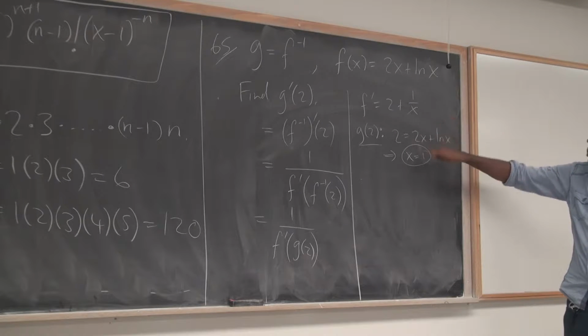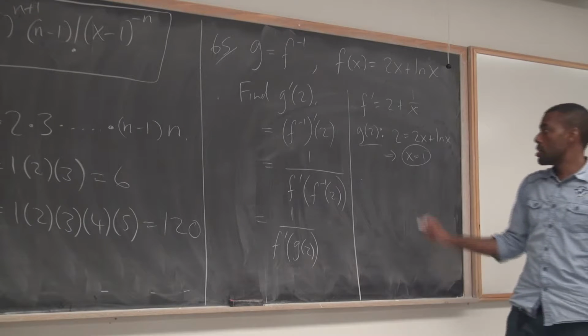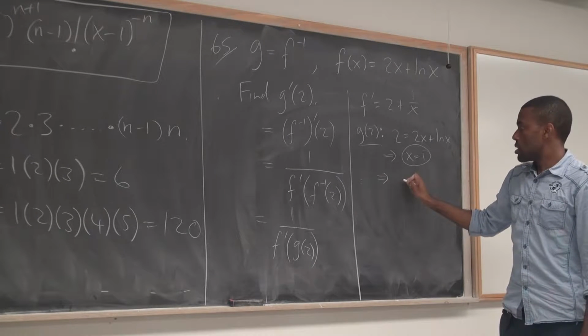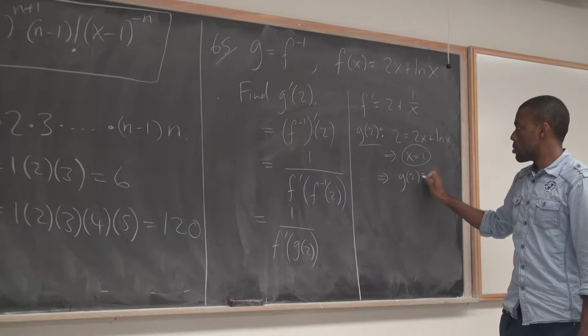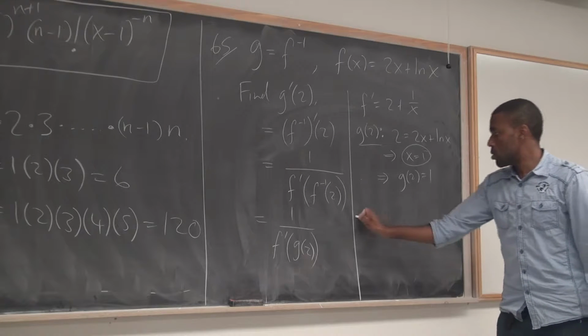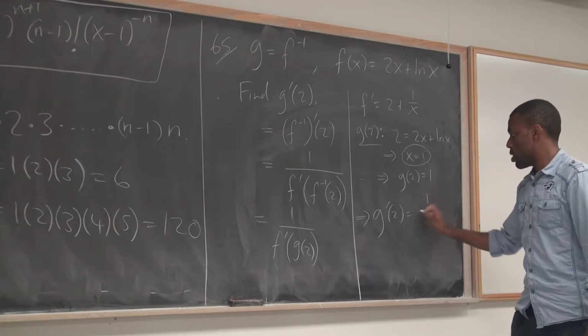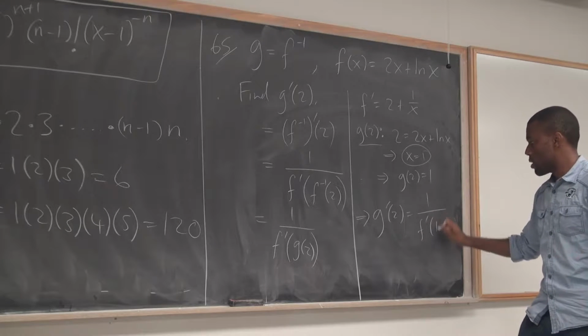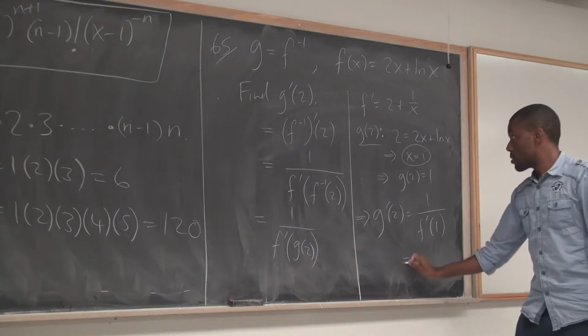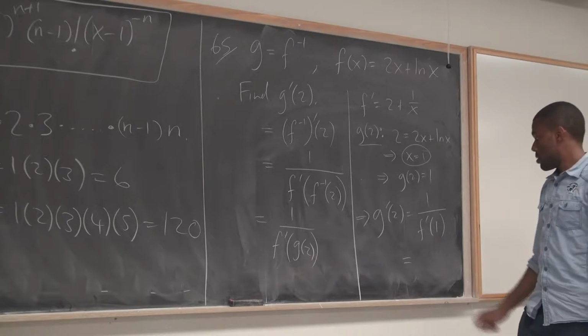Then I have 2 times 1, which gives me 2. So x equals 1. This means g of 2 equals 1. And so g prime of 2 is just 1 over f prime at 1. I just plug in 1 here, and that's 3.